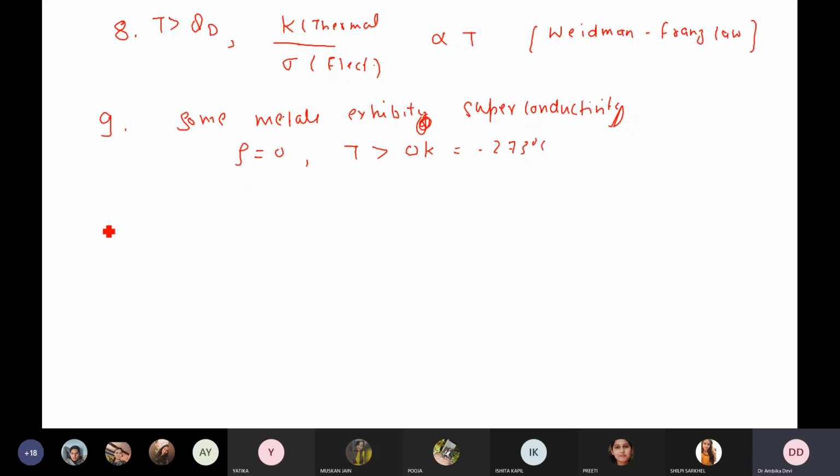Okay, so this is a complete combo, you can say, of the properties of the metals which have been experimentally verified, and whatever things we are reporting theoretically, all those things are experimentally verified. Okay, so these are the features of metals.